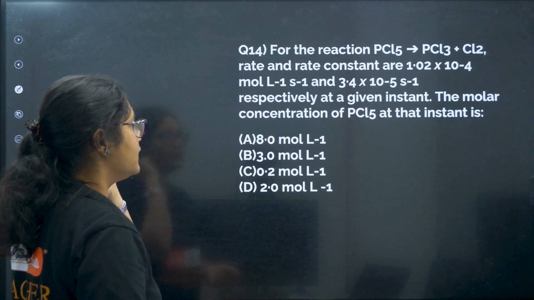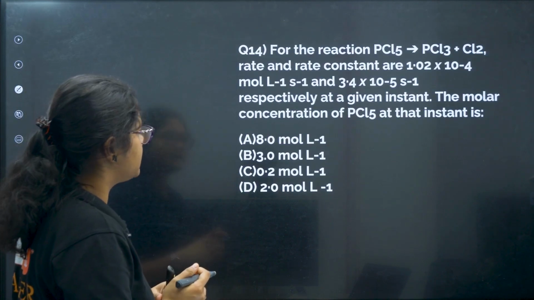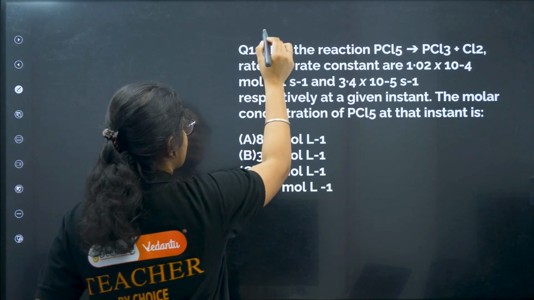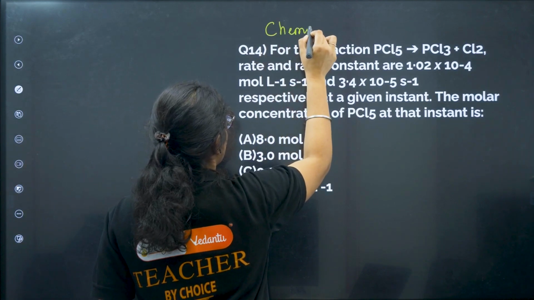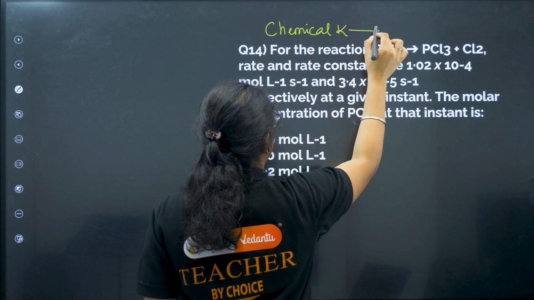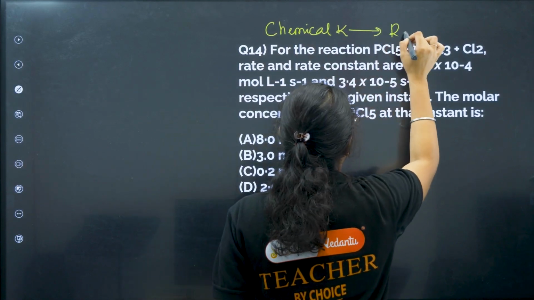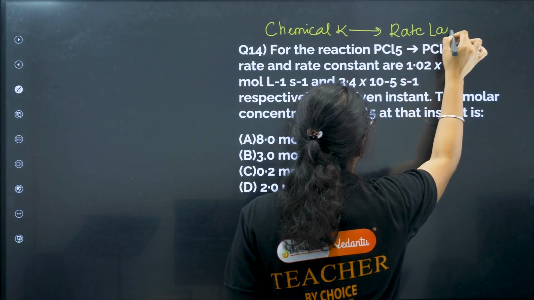Coming to the next question. For the reaction PCl5 giving PCl3 plus Cl2, again the question is from chemical kinetics and the topic here is rate law, a very easy question.